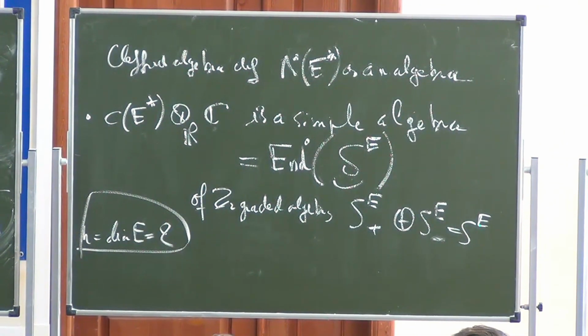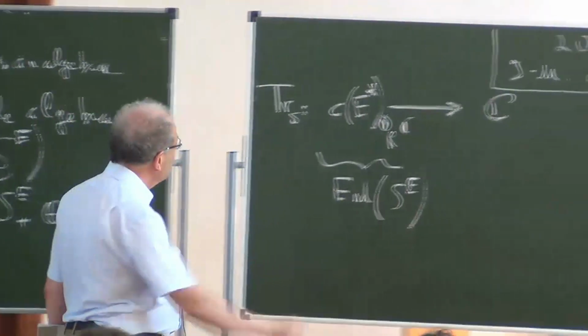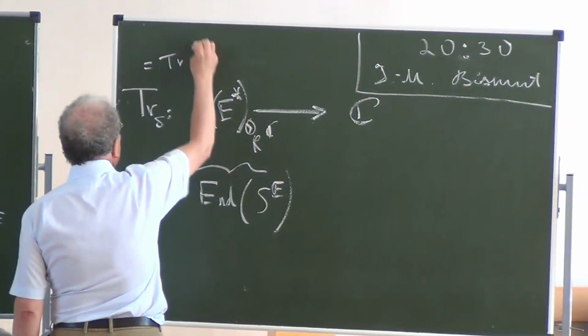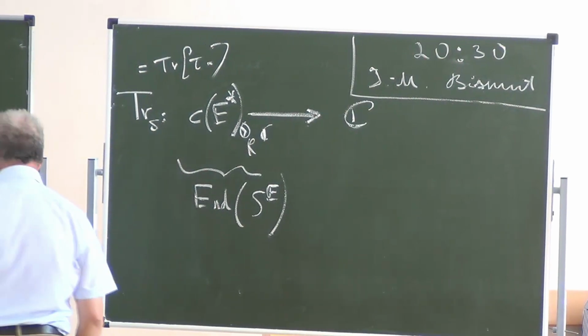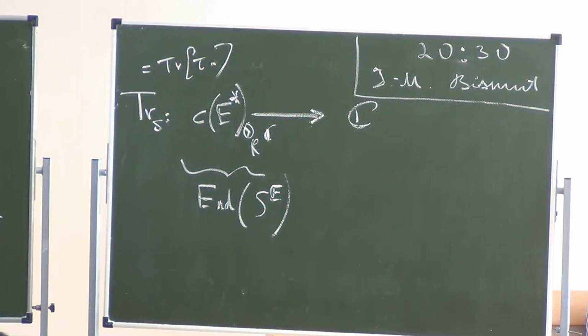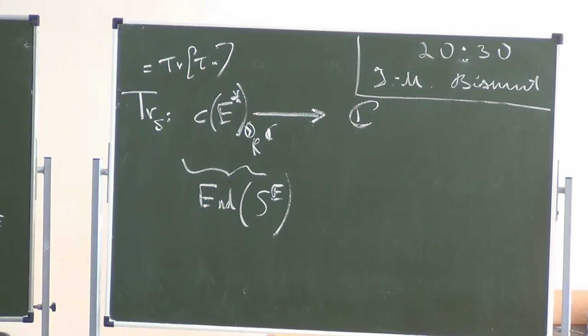That means you take an element of the Clifford algebra, see it as acting on the spinors, and then take the supertrace, which is the trace of tau times something. I won't remind you of this. And I will state again a very simple but fundamental fact, which is as follows.